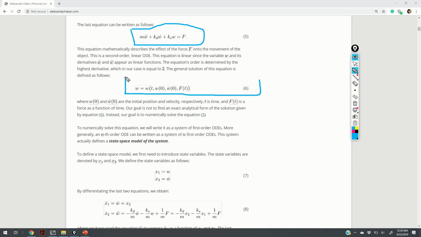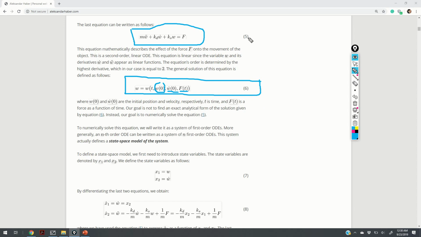So basically the solution is a function that describes how our displacement W from the equilibrium point depends on the initial displacement, initial velocity, and the applied force F. And the equation 6 is an analytic form of the solution.